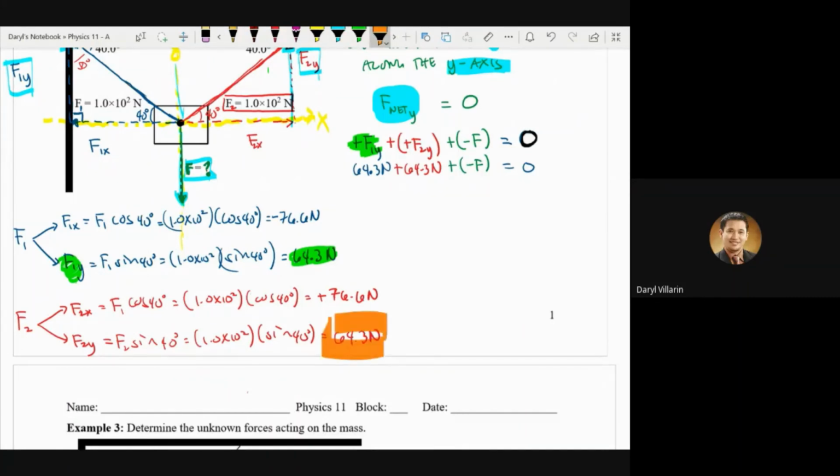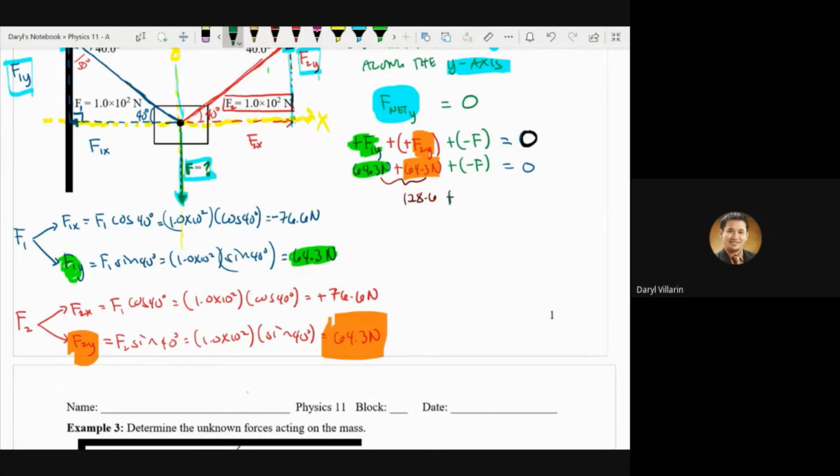So this one, substituted here, and again, your F1, okay? So if I take the sum of these two, that should give me 128.6, 128.6 plus the negative of F.